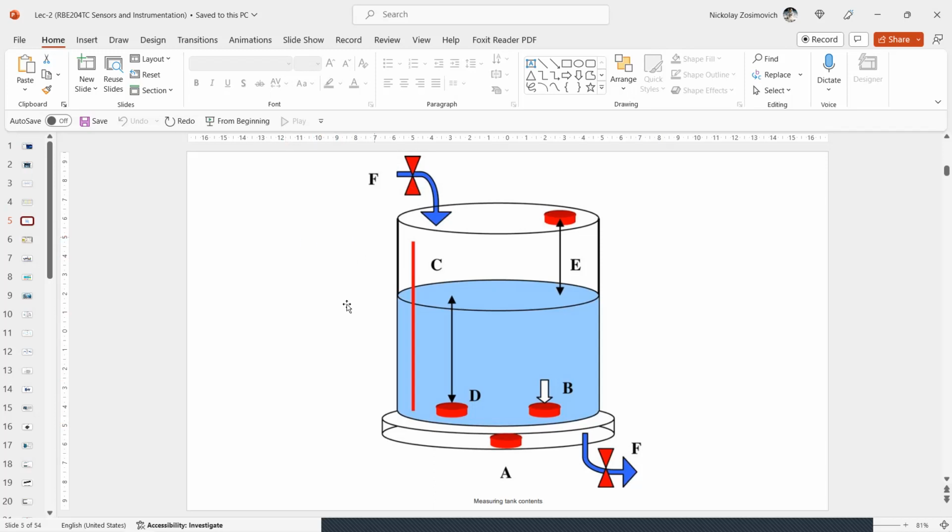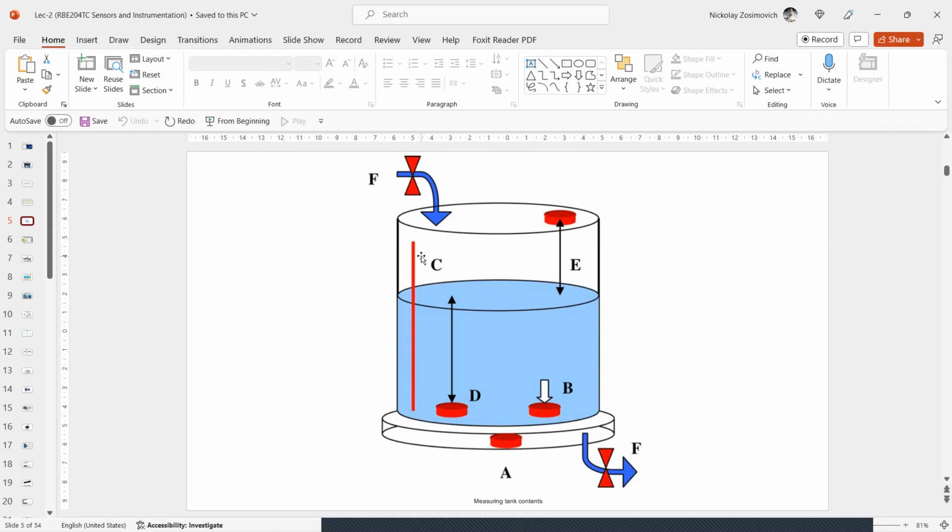A, as you can see, the tank is placed on a balance to measure its total weight. B, a pressure gauge on the bottom of the tank. C, you can see this, a gauging rule from top to bottom of the tank.